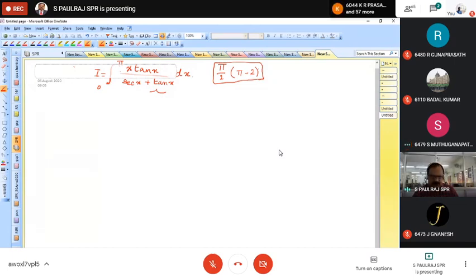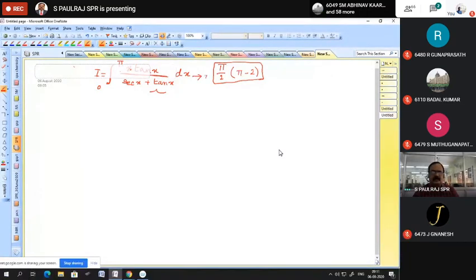Pi by 2 into pi minus 2 is the answer. Okay, parallel I will also try. This is equation number 1. I will apply property number 5.